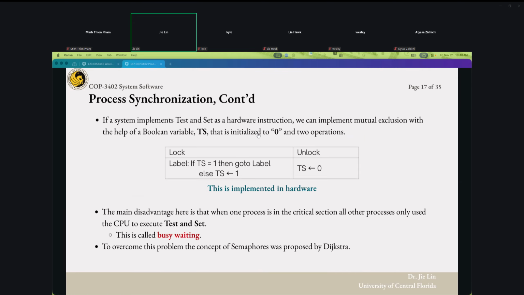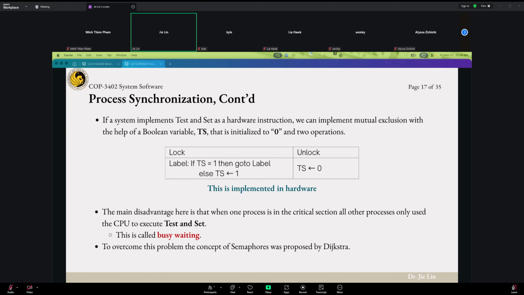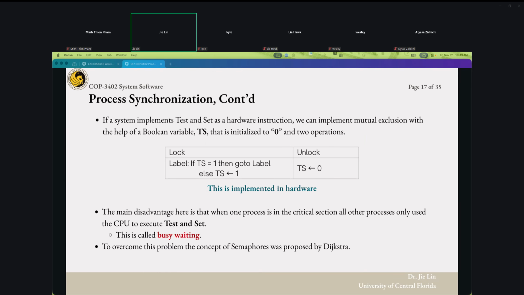If the TS is already 1, it means it's locked, and the process loops, repeatedly testing the variable's value, a condition known as busy waiting. Only when TS becomes 0, unlocked, does the process set TS to 1 and enter its critical section. Upon completion, the process resets TS back to 0 with the unlock operation.